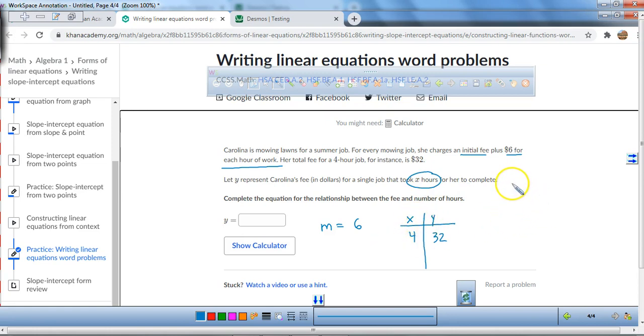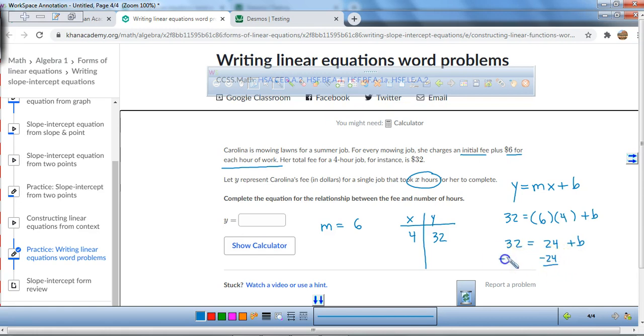So what I like to do is I like to put Y equals MX plus B. And for the Y value, I'm going to plug in the 32. For my slope, I'm going to plug in a 6. And for the X value, I'm going to plug in a 4. I'm going to multiply the 6 and the 4 together and get 24.